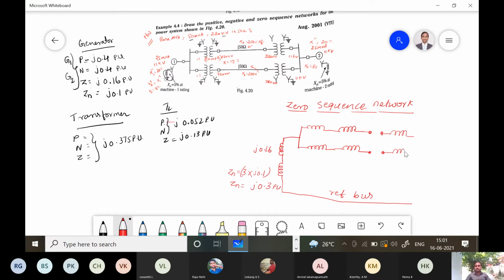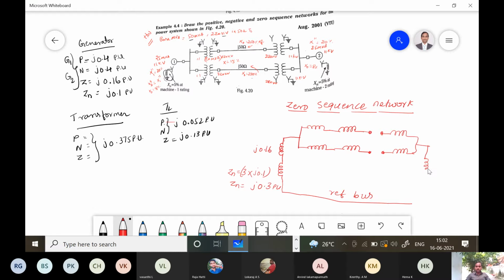Draw the circuit because the switch is open. Whenever the star is grounded, only then will the series switch be closed. And the shunt switch will be closed when it is delta. So it will be like this. And on the secondary side both are grounded, so join both the terminals.